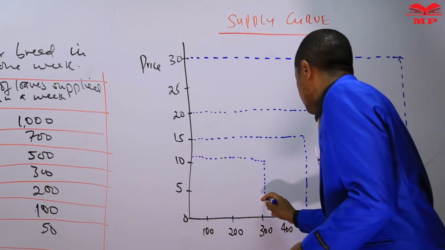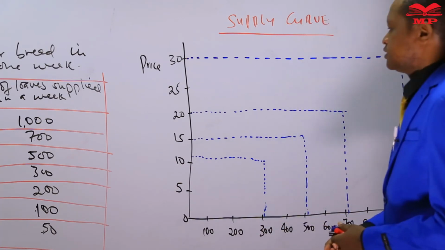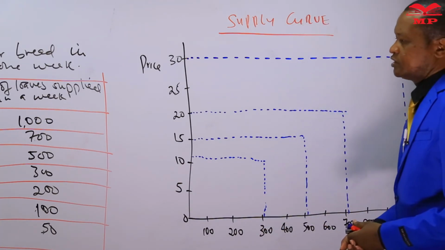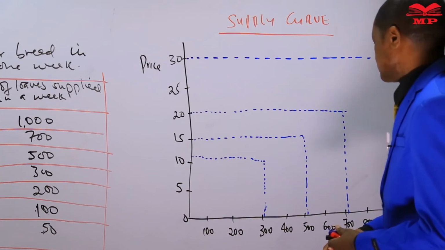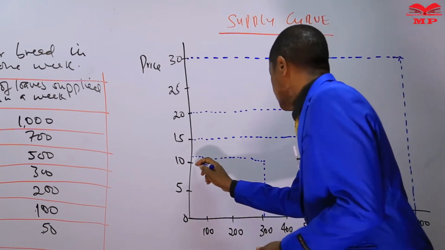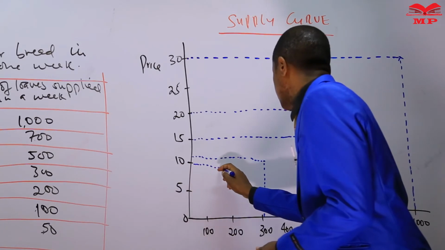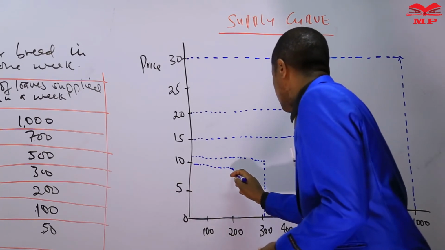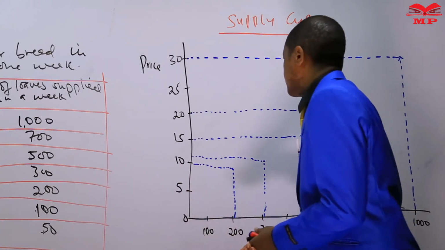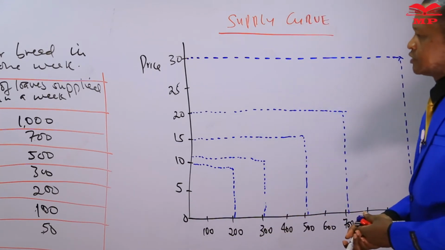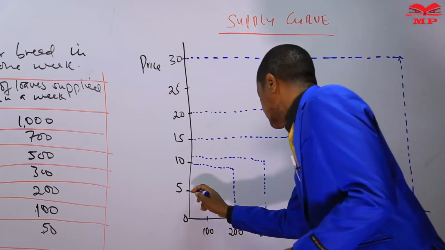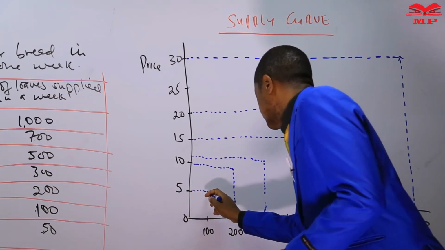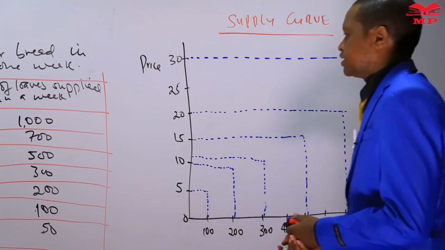When the price reduces to 10 shillings, 200 loaves are supplied. At 5 shillings, 100 loaves are supplied.